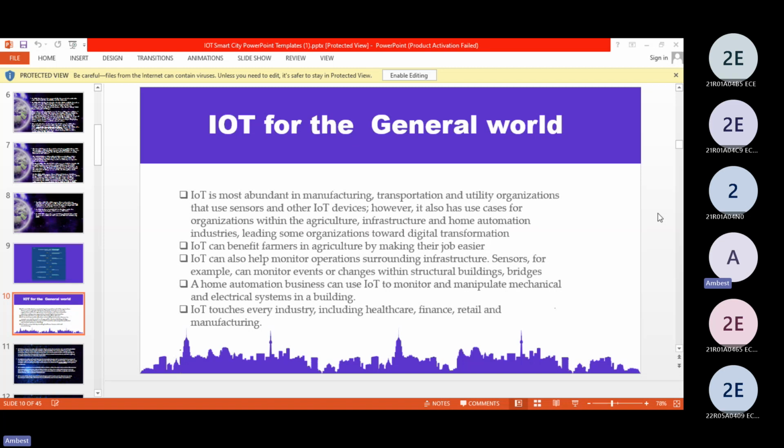Let's see some applications of IoT in the industrial sectors. Okay, the automotive industry uses robots, and it helps proactively maintain systems and spot potential problems that might happen before the repeat of a production.